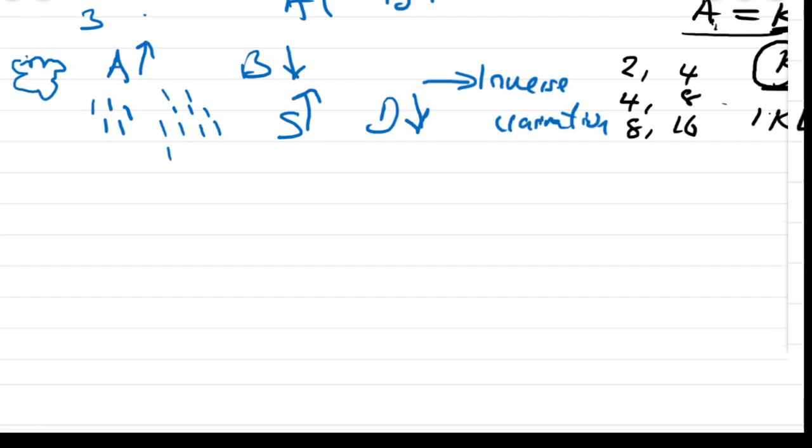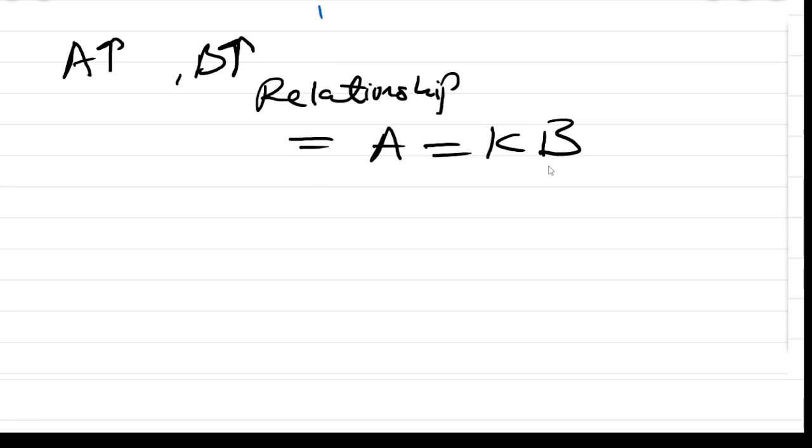So just one more explanation. For direct variation, if a is increasing, b must be increasing as well. The relationship between them is that a equals k times b. In this case, k determines how fast they increase. Depending on the value k takes, b will take different values.